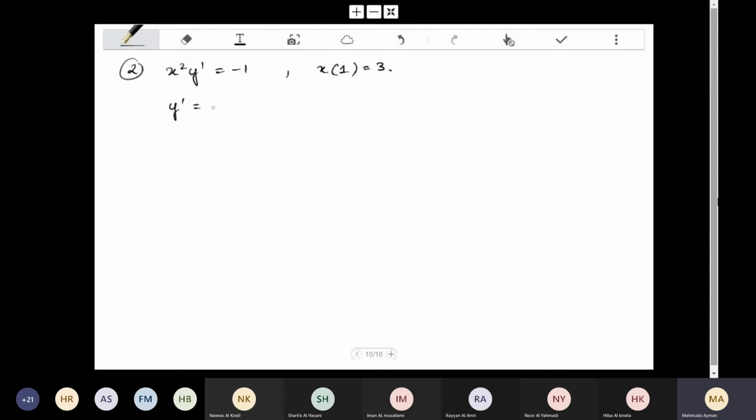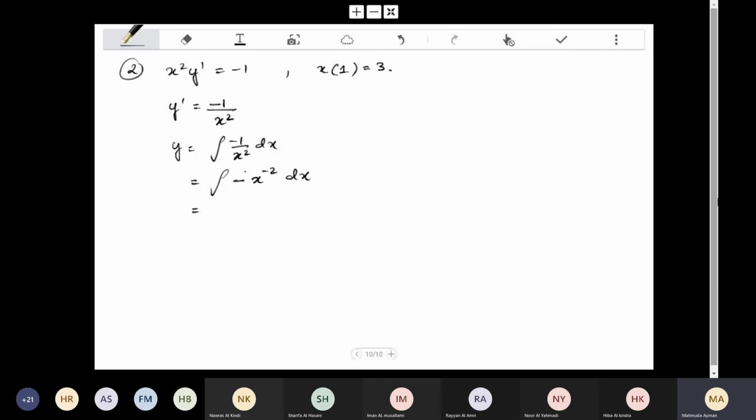Here we have minus 1 divided by x squared. Now we can find the general solution. So y is the antiderivative of minus 1 over x squared dx. You can write this in a better form as minus x to the power of minus 2 dx.